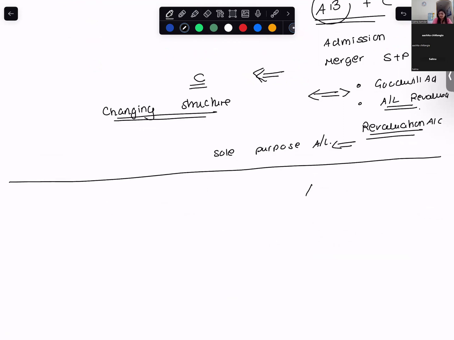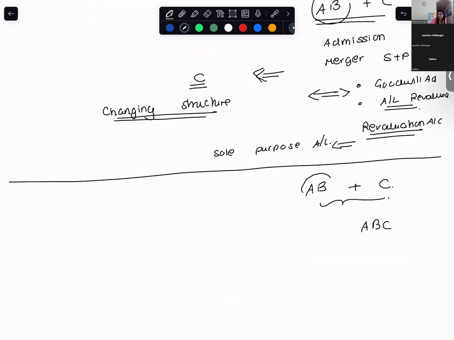I have two partners A and B. They decide that they want to add a new partner into the business, which is C. So the new partnership firm will become A, B, C.